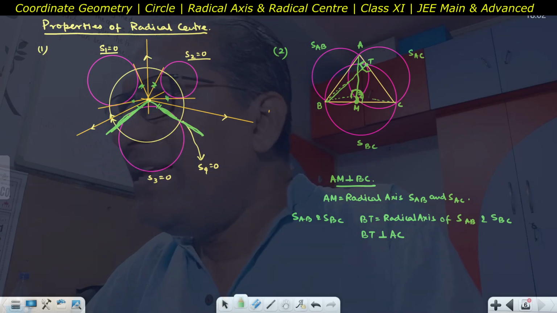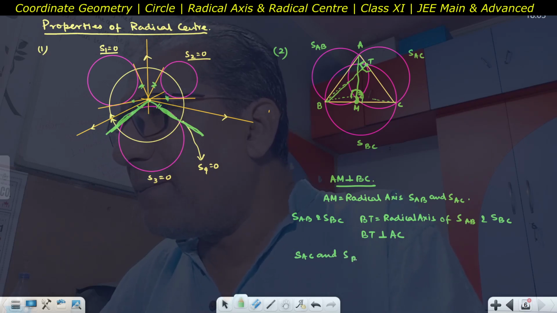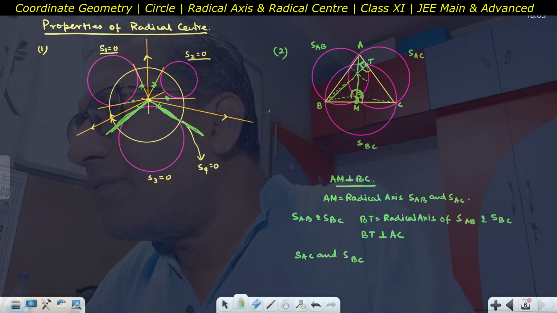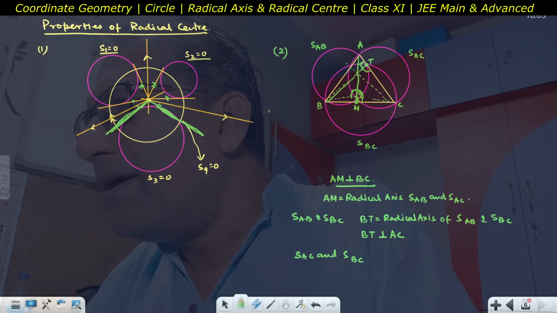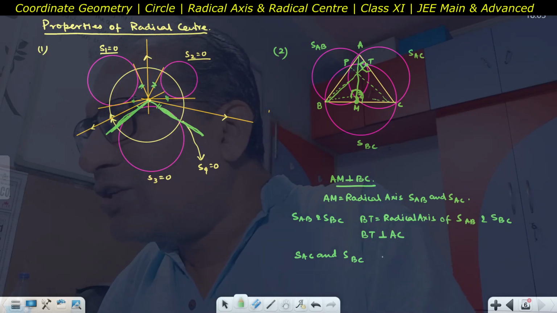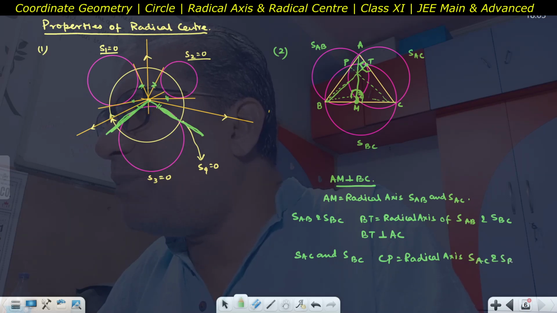Okay. Now in a similar way, if you take S AC and S BC, you will find that this radical axis, let me give a name, let us say CP. So CP is the radical axis for the circle S AC and S BC.